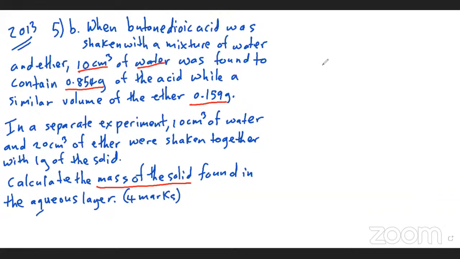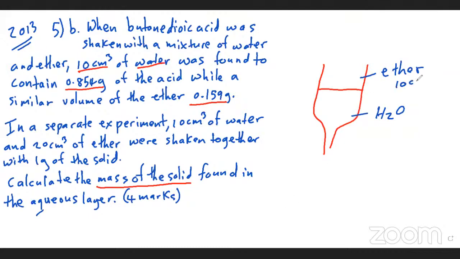So what are they telling us? You have your separating funnel, you have the two layers. Down here you have the water, above it you have the ether, and the volume of each of them is 10 cm cube.